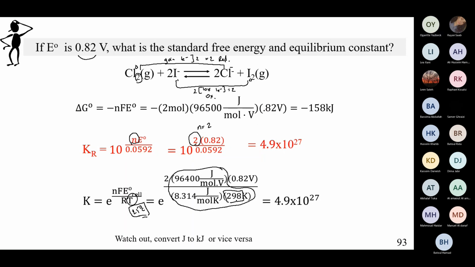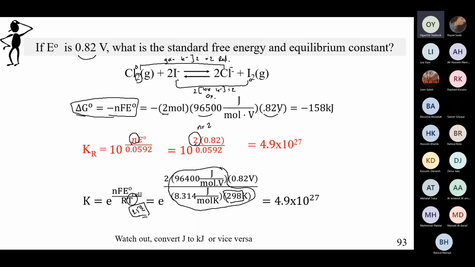Delta G of the reaction. We have already the E naught, so it's much easier. Then it's minus NF E naught. Again, if you've already memorized the equations, it becomes simple. N, again, is 2 electrons transferred, which we needed to find. That's the F. And we have the E naught, 0.82.